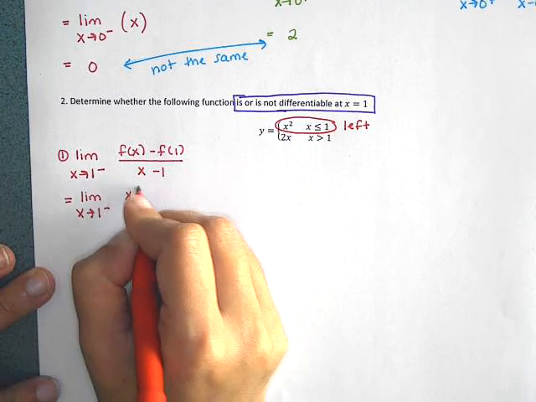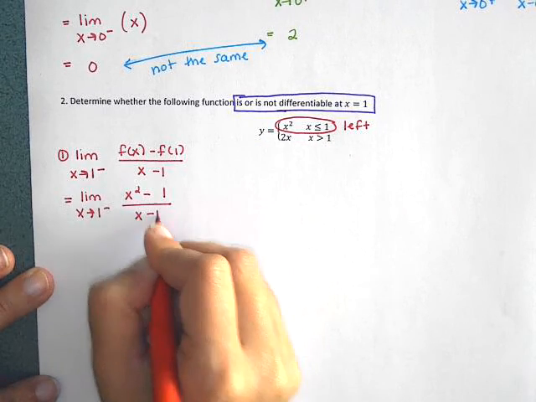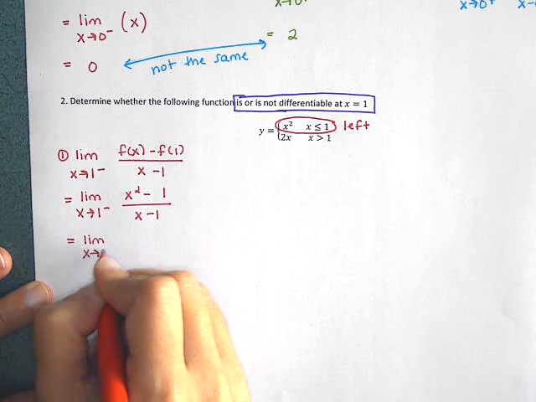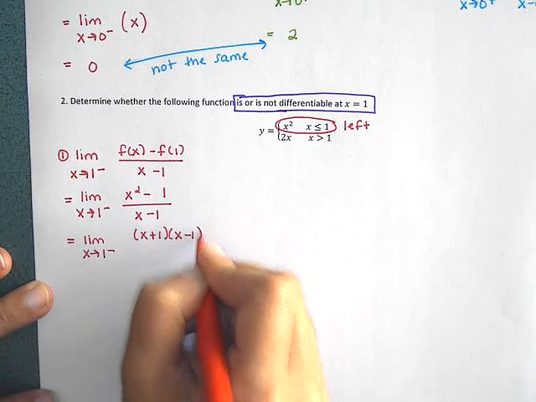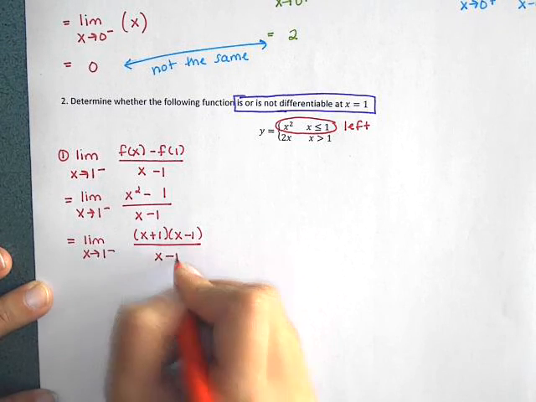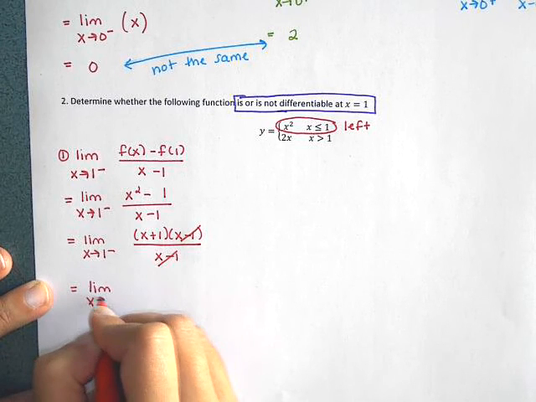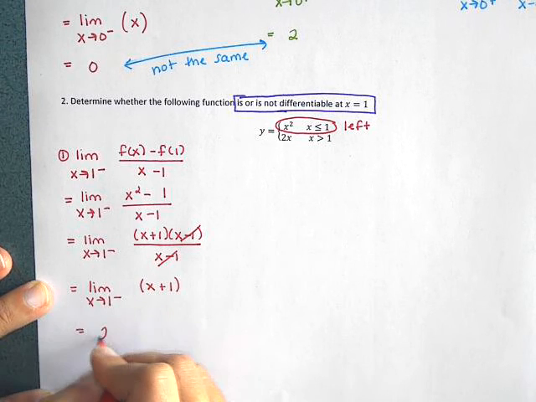So we have x squared minus, if you plug in 1, you get 1, over x minus 1. We're going to factor. So the limit as x approaches 1 from the left of x plus 1 times x minus 1, all over x minus 1. So we get the limit as x approaches 1 from the left of x plus 1. Now I can plug it in and I get 2.